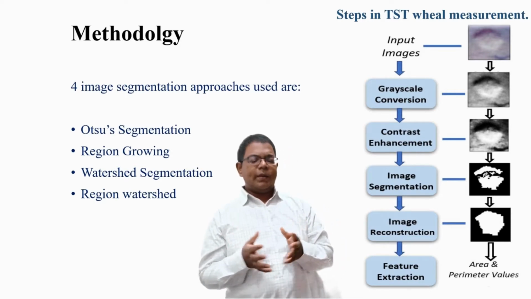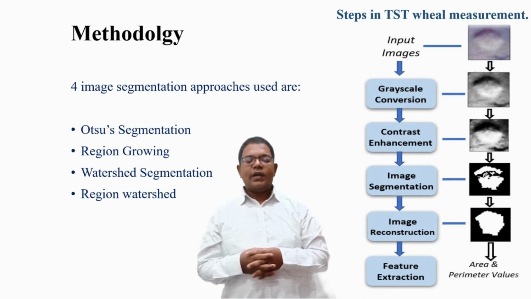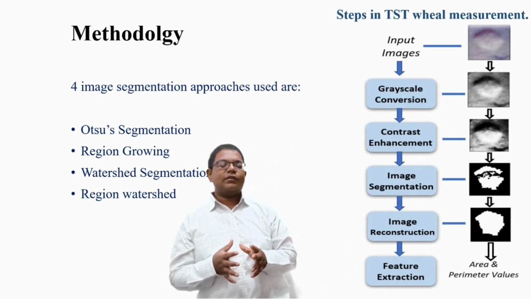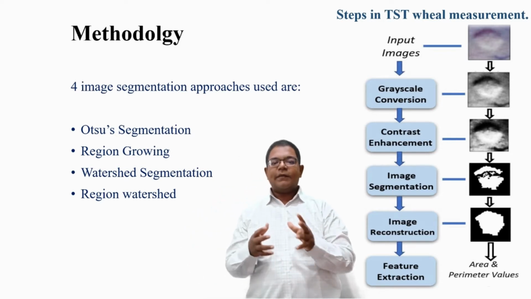Then comes Otsu's thresholding method, a very popular segmentation algorithm. It iteratively determines the segmentation threshold by minimizing the intra-class variance in the respective classes.